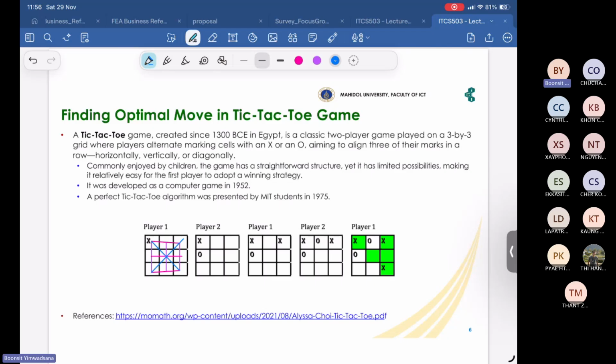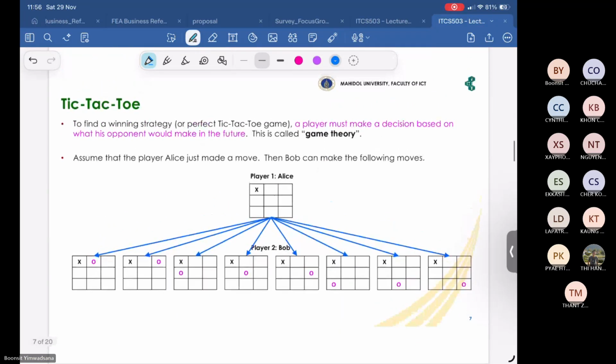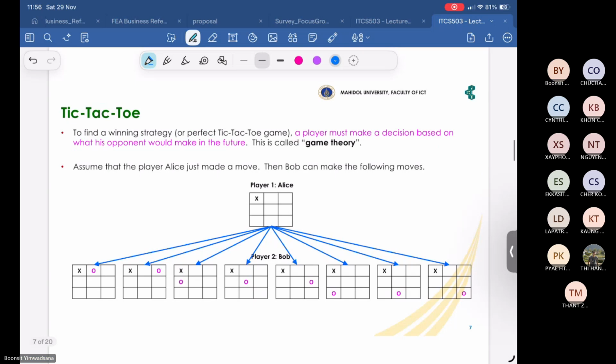So in this case, player 1 and player 2, or player X and player O, will compete with each other to try to be in the winning position. Assume that currently player 1, or Alice, is given the situation that she has to place her mark first.